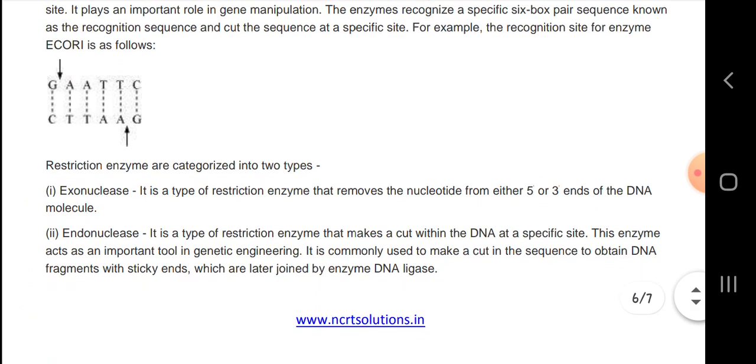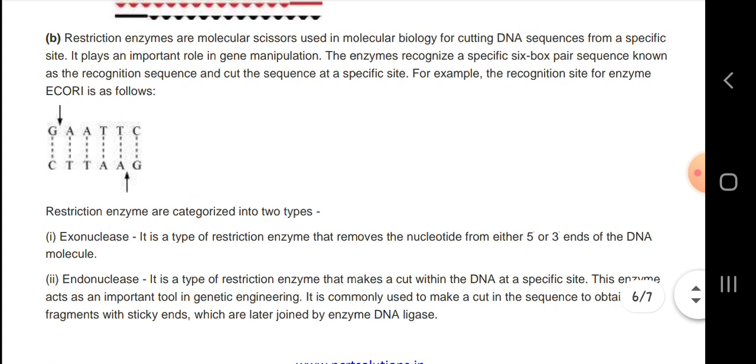Restriction enzymes are molecular scissors used in molecular biology for cutting DNA sequences at special sites, and they are of two types, that is exonuclease or endonuclease.